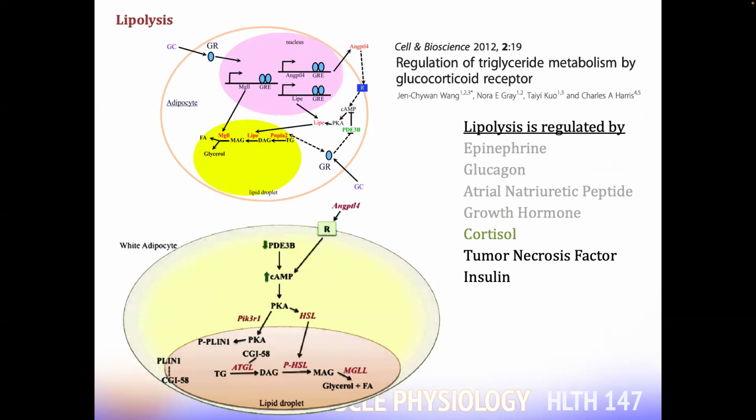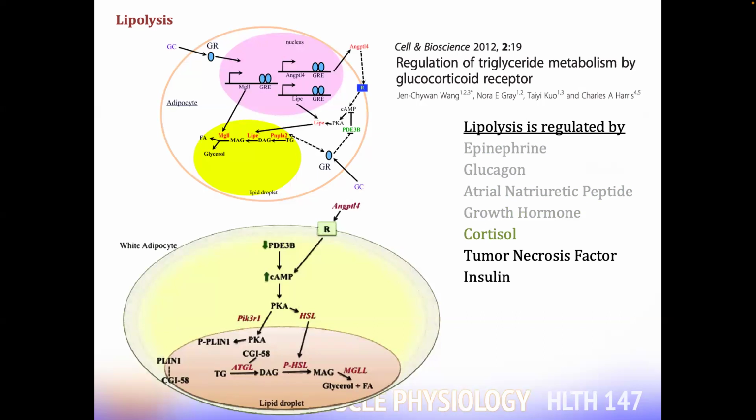Sometimes it's called fasting-induced adipose factor because it's activated by cortisol during fasting. But it's a protein that, once it binds to its cell surface receptor, increases the amount of intracellular cyclic AMP, and cortisol is going to increase cyclic AMP that way.